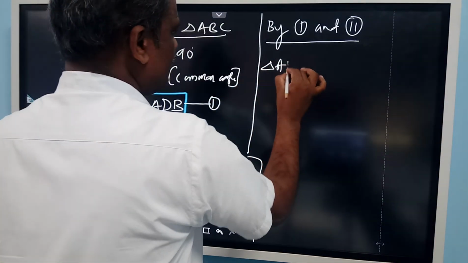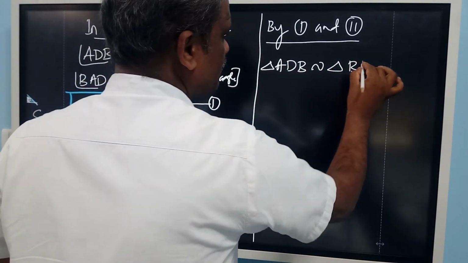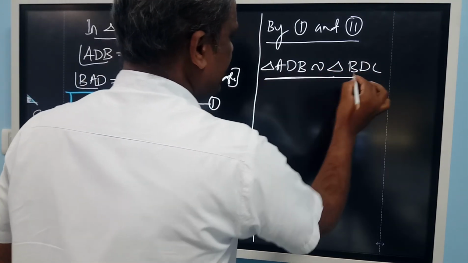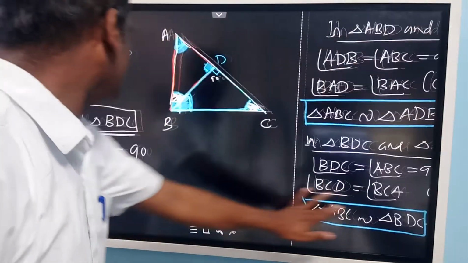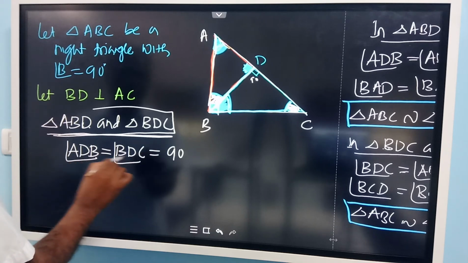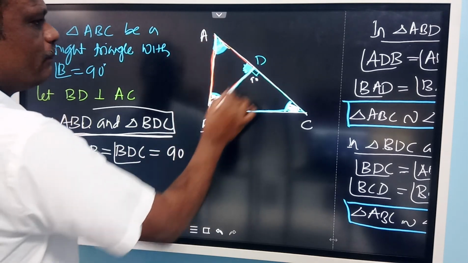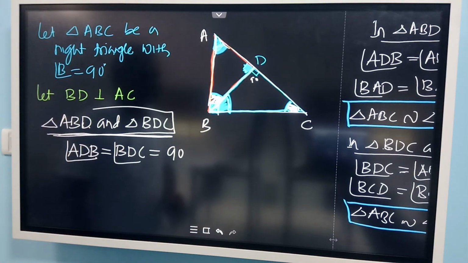Triangle ADB must be similar to triangle BDC. Look at this: ADB and BDC are both similar.